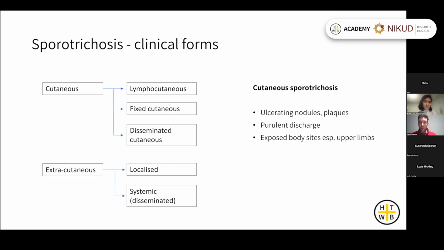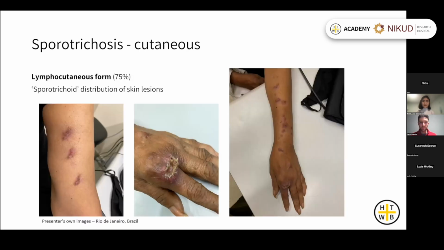In terms of clinical presentation, most of sporotrichosis is cutaneous disease, and around three quarters present with a lymphocutaneous form, and about the other quarter present with a fixed cutaneous form. So this is the lymphocutaneous form. This was a patient from Brazil.